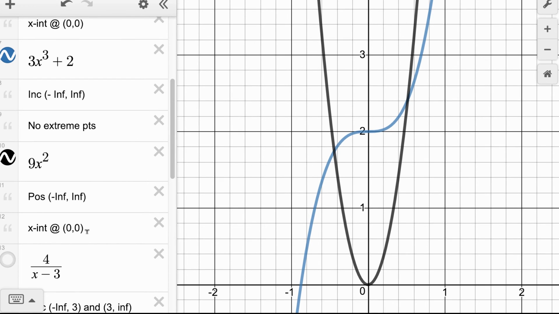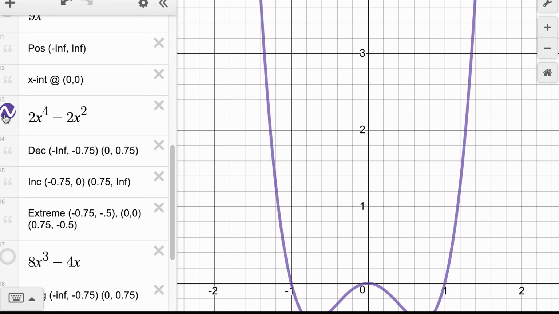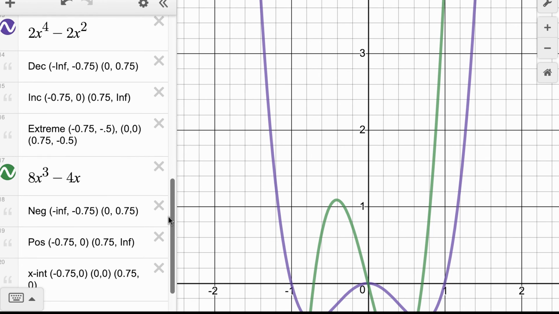We do have an x-intercept, and we're going to talk more about what that means, but that is what's called a critical value. It means it's a possible point where there could be an extreme value. But because of the nature of this cubic function, it ends up not being an extreme value because there's no direction change.